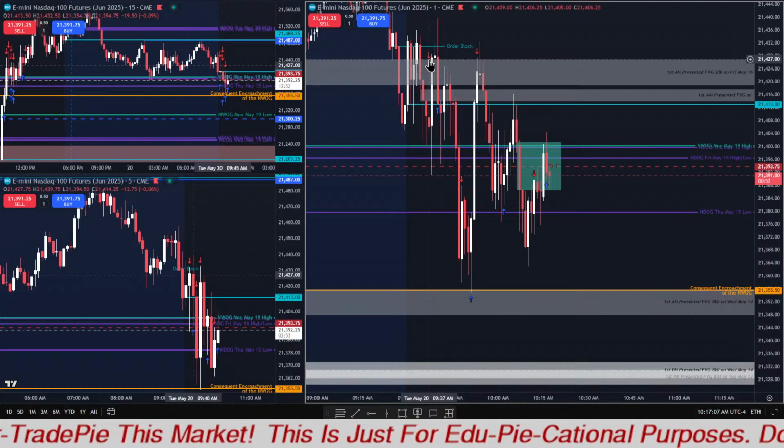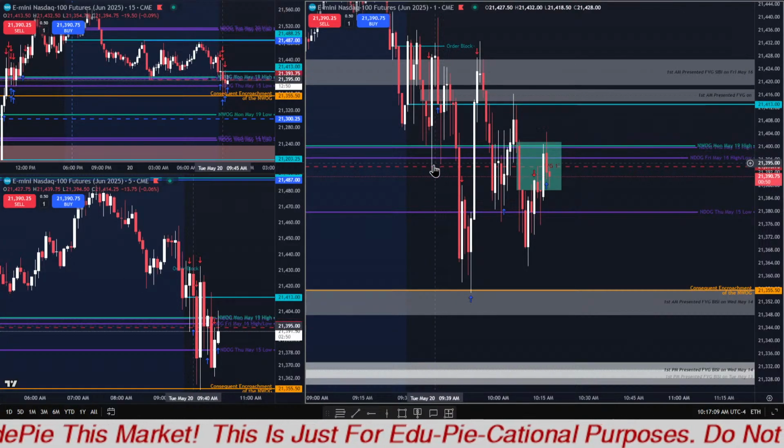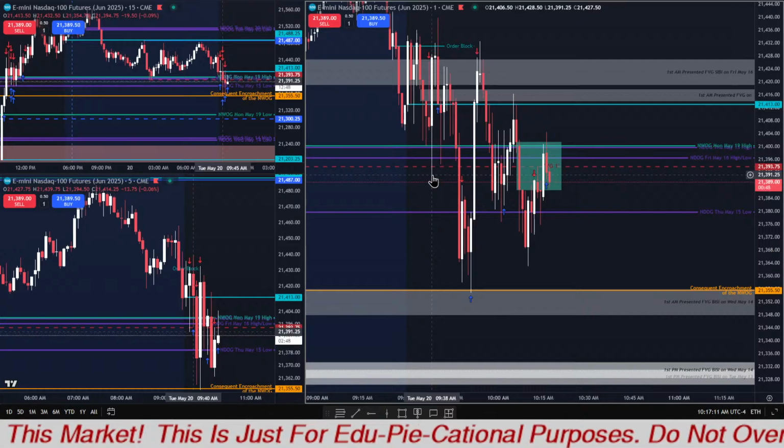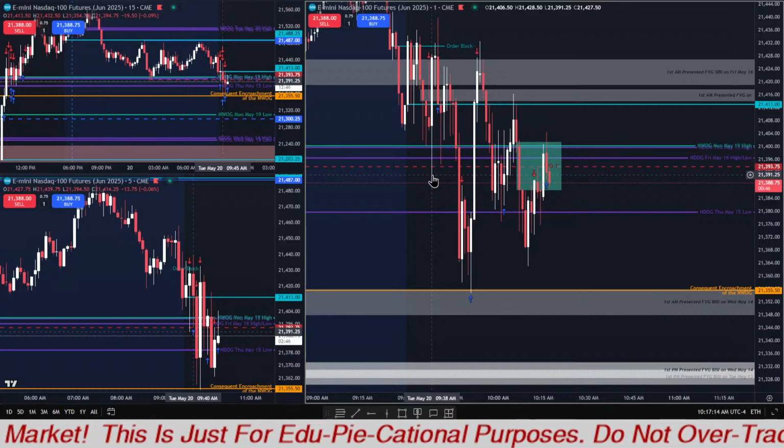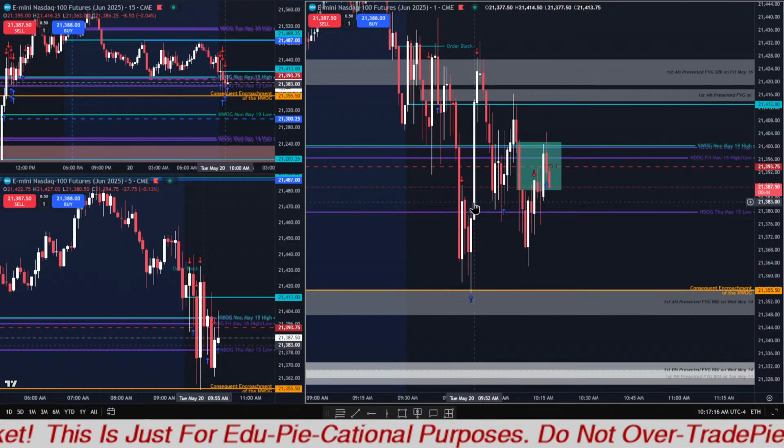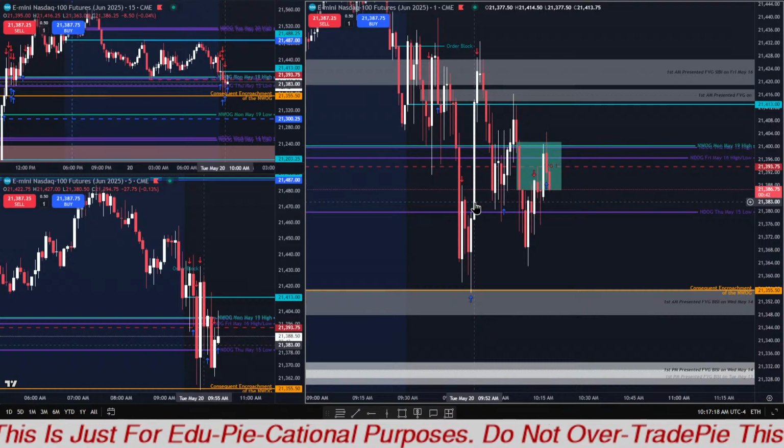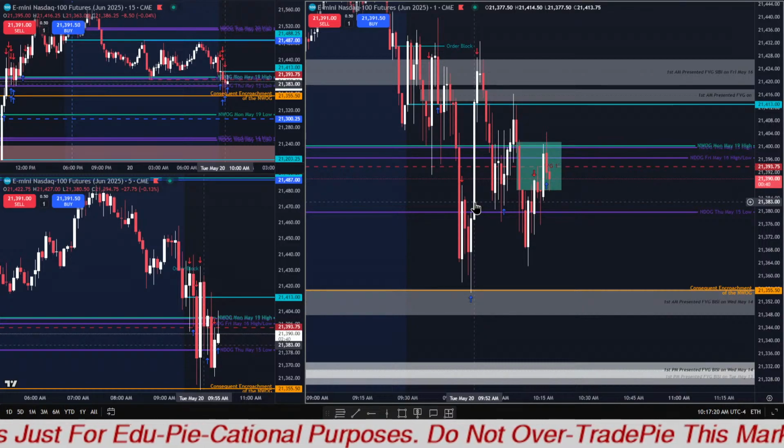Or even the first trade I was in, very nice, and it had a very nice reaction to go here, but it didn't reach my TP.